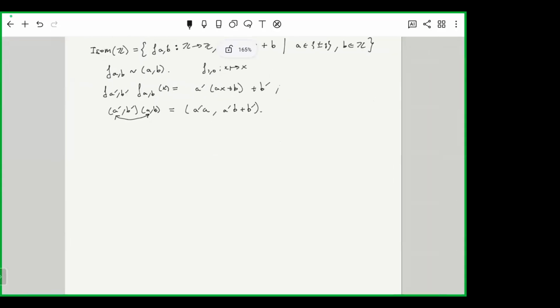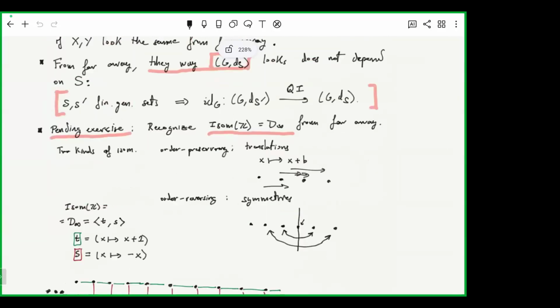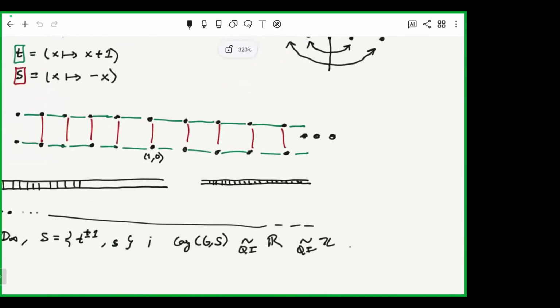Now you have an explicit operation. Using the symmetry, I can go from the identity to the symmetry. Now if I use the translation, I move around, I have -1, 1, I use the translation again, I have -1, 2, -1, 3, -1, 4, and so on.